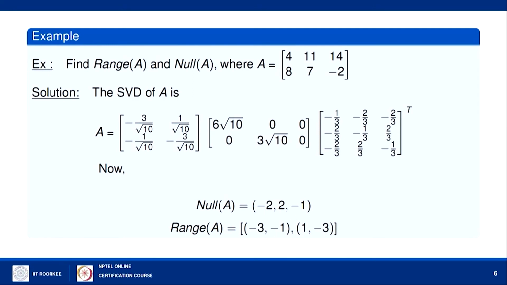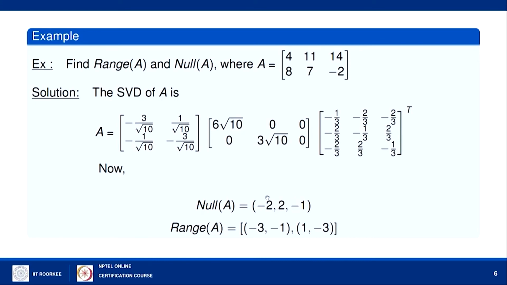Similarly, the null space of A is given by the last n minus r columns of the matrix V. Here n is 3, r is 2. So, the last one column is minus 2 by 3, 2 by 3, minus 1 by 3. If I am not normalizing it, I can simply write minus 2, 2 and minus 1.